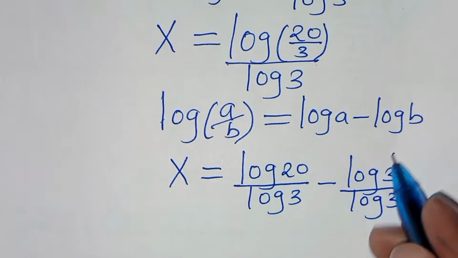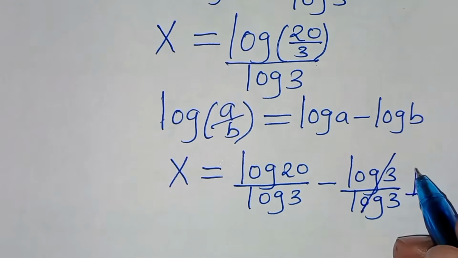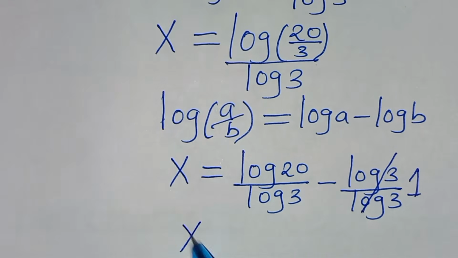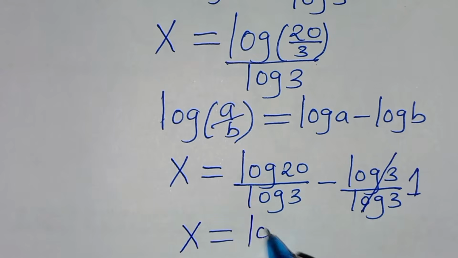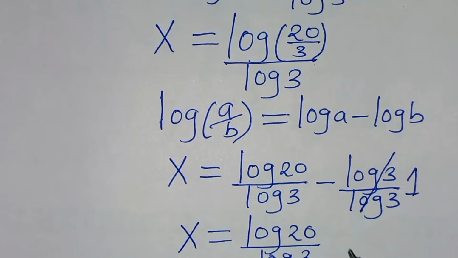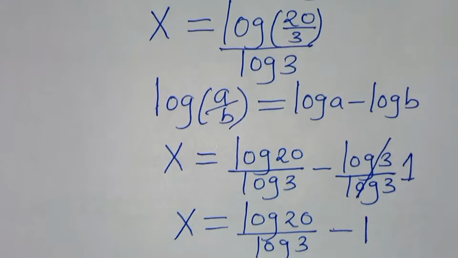So let's simplify here. Log 3 and log 3 simplifies, so this is 1. So the value x is equal to log 20 divided by log 3 subtract 1.